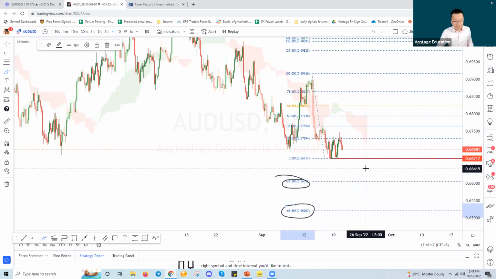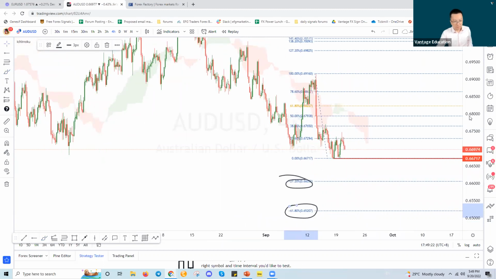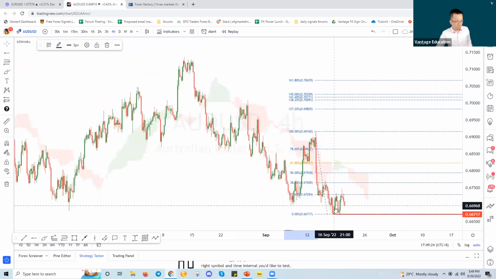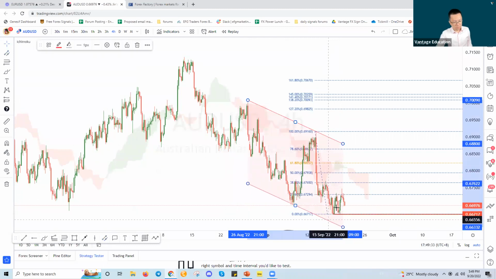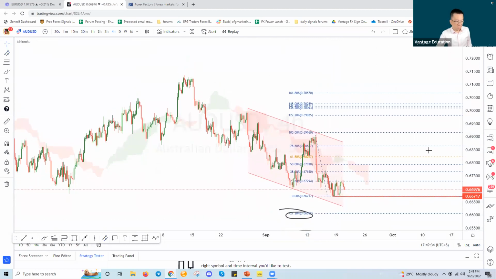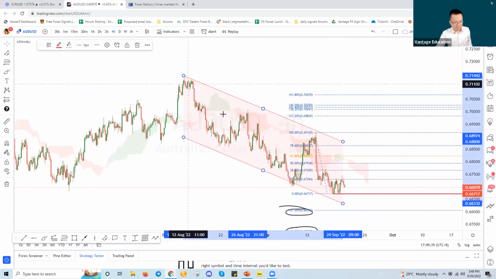Okay, so in this case, what I'll be looking for is, let me see if I've got a diagonal trend line. Not particularly. Does this work? Nope. Okay. Not great. I'm not very happy with that.